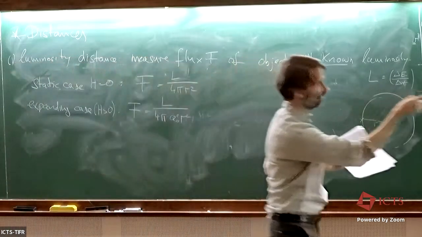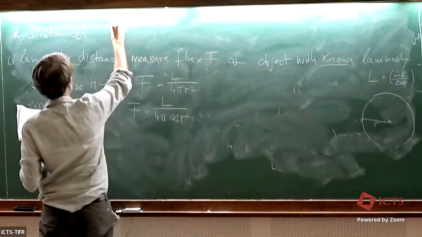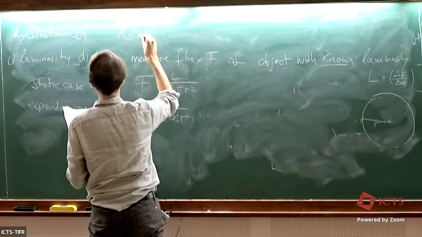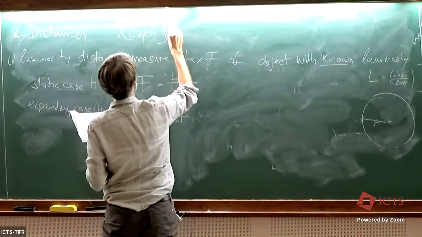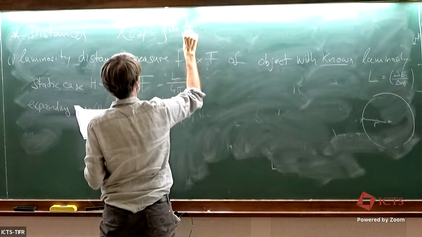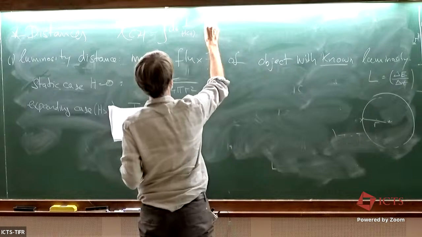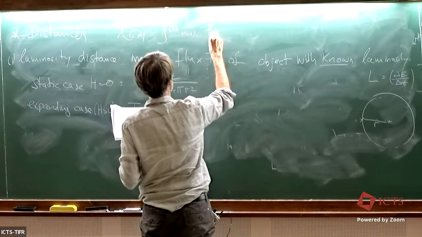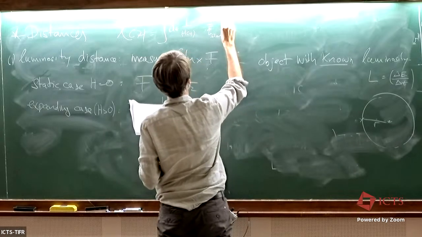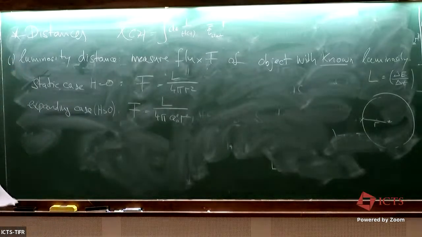I should say that the co-moving distance, let me put it here again, because it's so important, for everyone who hasn't properly seen it on that side. So this is the integral of dz over H(z). But this, at least in the flat case, is equivalent to the coordinate distance we put in the FRW metric.